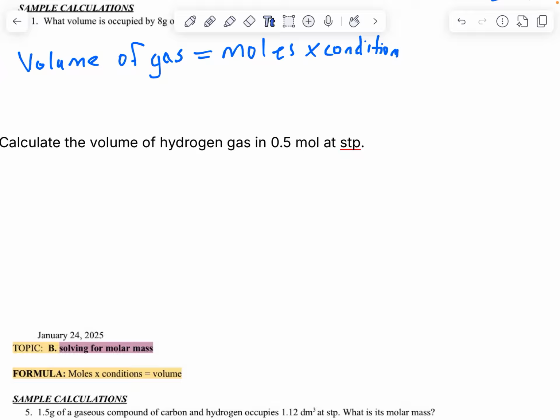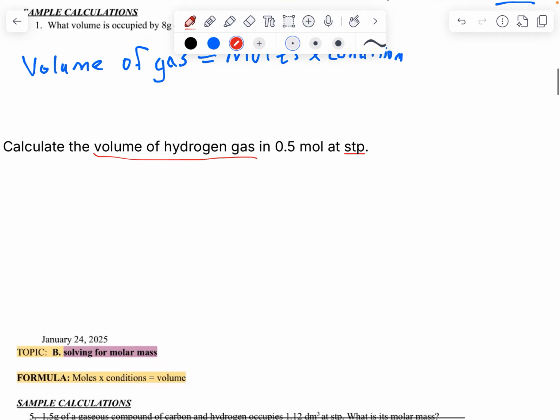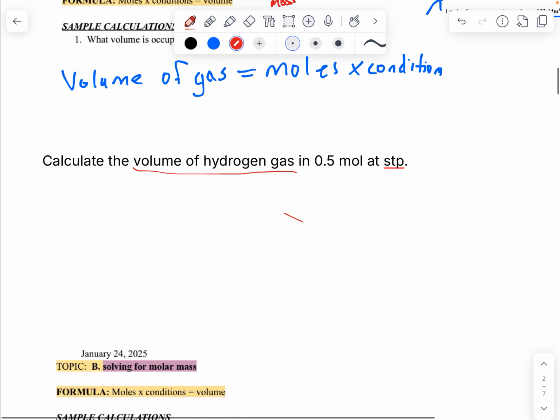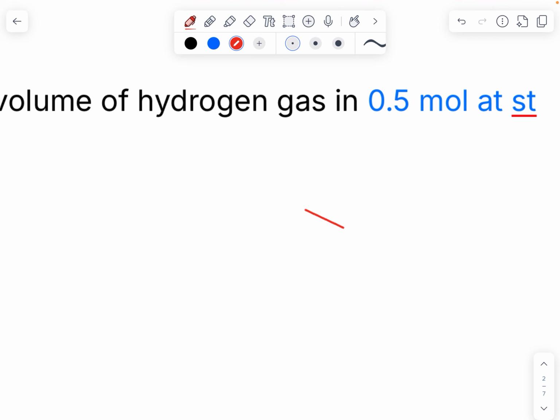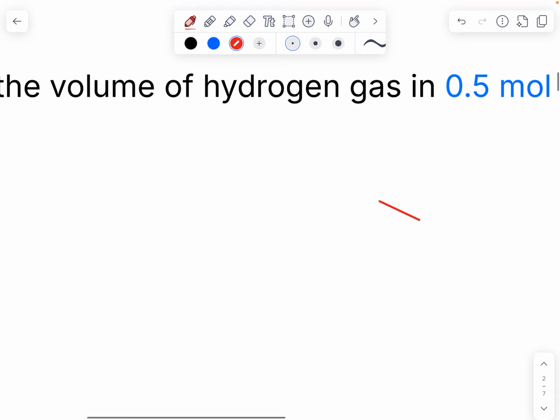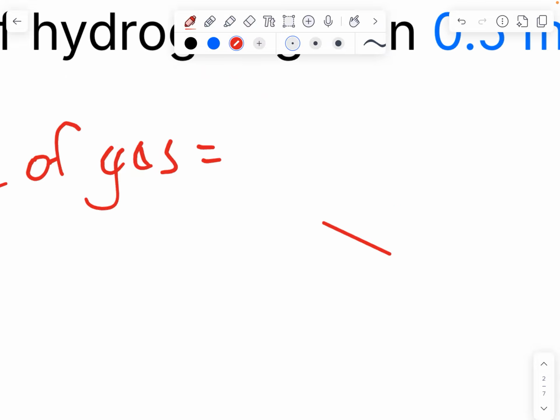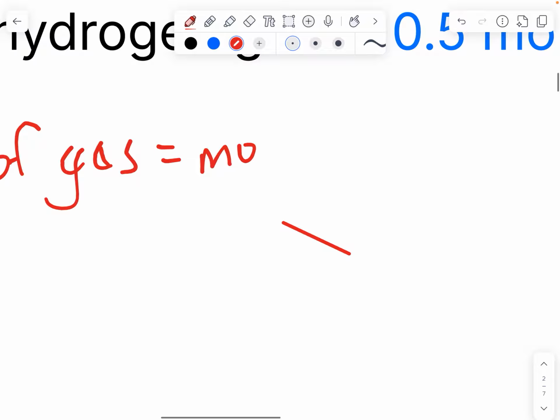So for this one, remember, once you say volume of a gas, you are going to use the equation volume of gas is equal to mole times conditions.